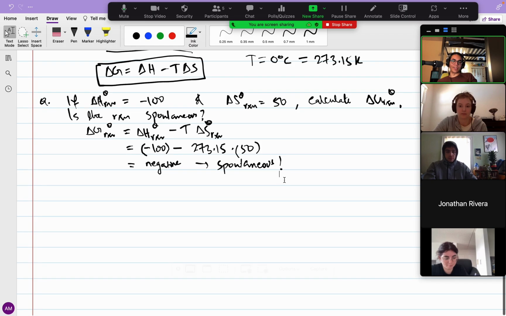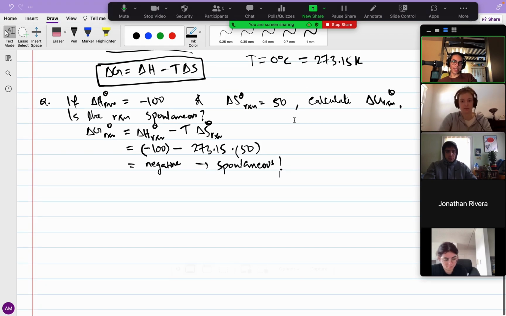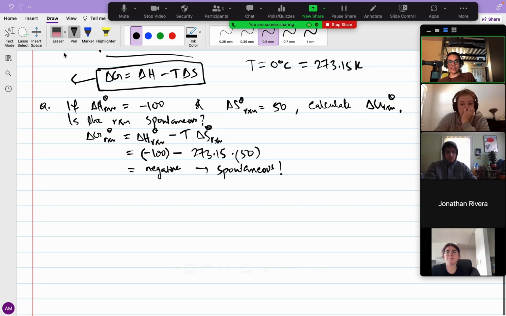Now the last part of the chapter is going to be a very, very, very simple one, but very interesting. This equation tells you that delta G depends on delta H and delta S and temperature, obviously, right?